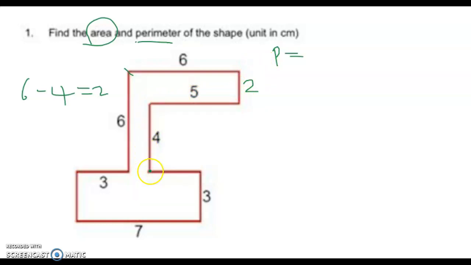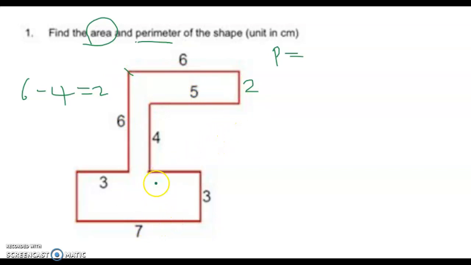I know 5, 4, but I don't know this one. But you see this is a horizontal side. Therefore this horizontal side can be found with the help of either this horizontal side which is in front, or other horizontal sides given can be used. Definitely there will be a clue.